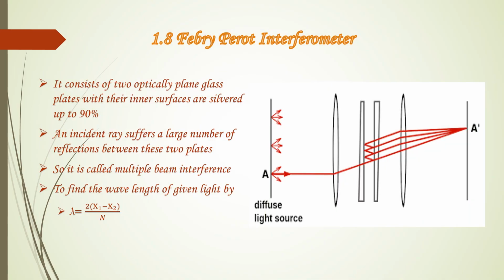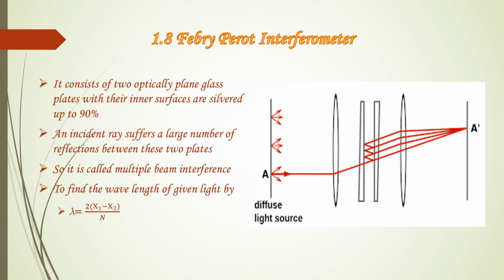Lastly, we can see the Fabry-Perot interferometer. It consists of two optically plane glass plates with the inner surfaces silvered up to 90%. That is, only 90% of the ray is reflected between these two glass plates and 10% of the light is refracted away from the glass plates.